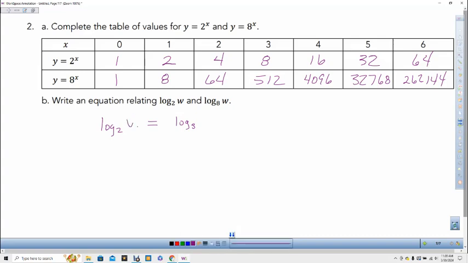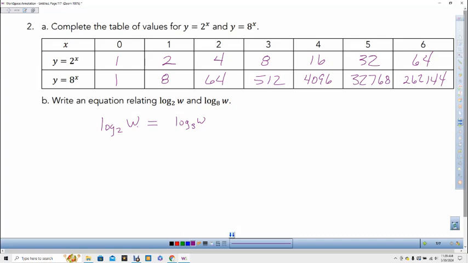Let's do w. Could have just as easily been x. So now we're going backwards. With the log base 2 and the log base 8, we're now taking these values and going backwards, going back to find the x.